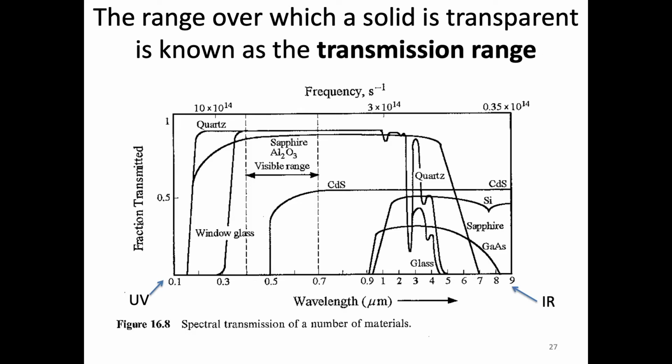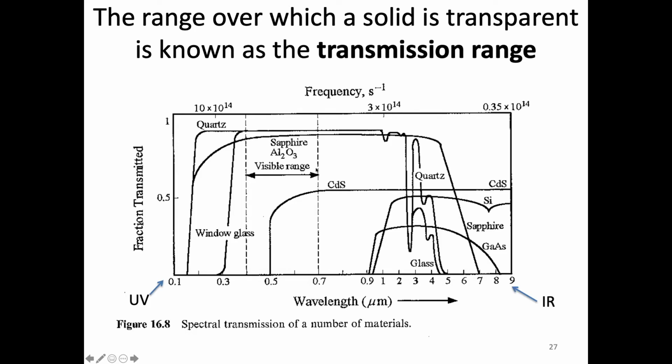But there are going to be some other applications where a material may be transparent, but not necessarily in the visible spectrum. And so this is why we often plot the fraction that is transmitted. So 1 obviously being everything is transmitted, and then 0 being nothing makes it through, as a function of wavelength. So a wavelength of our light.